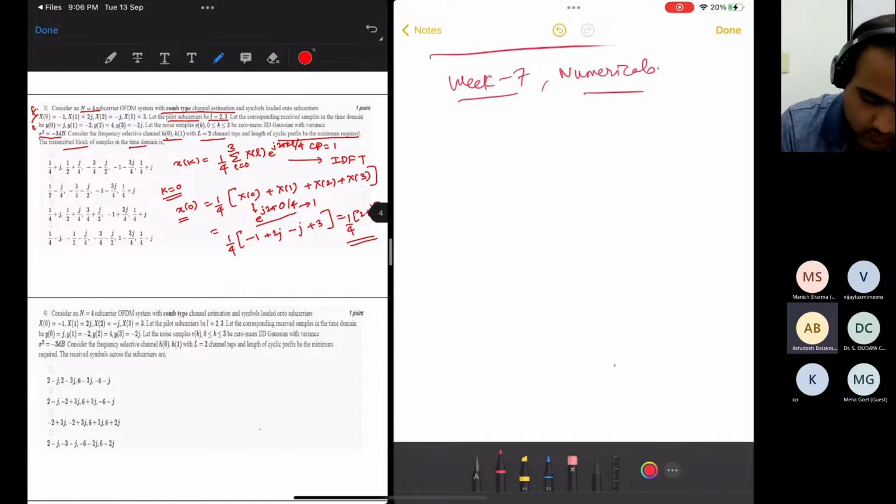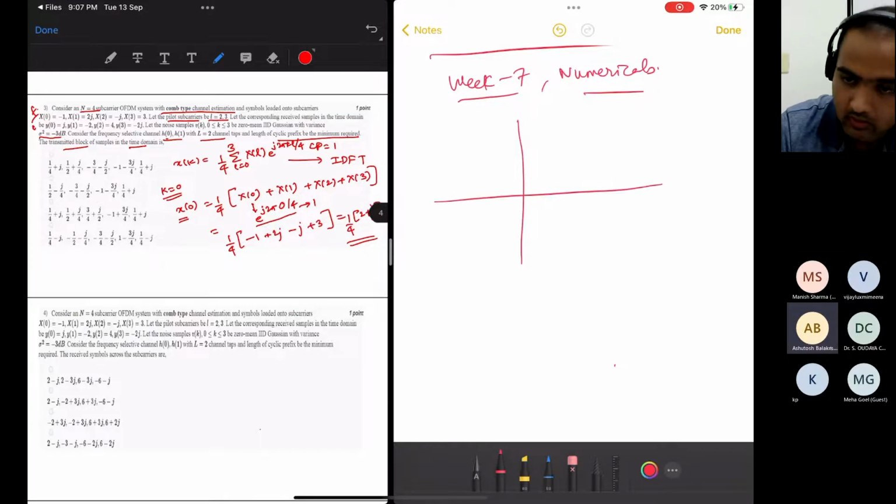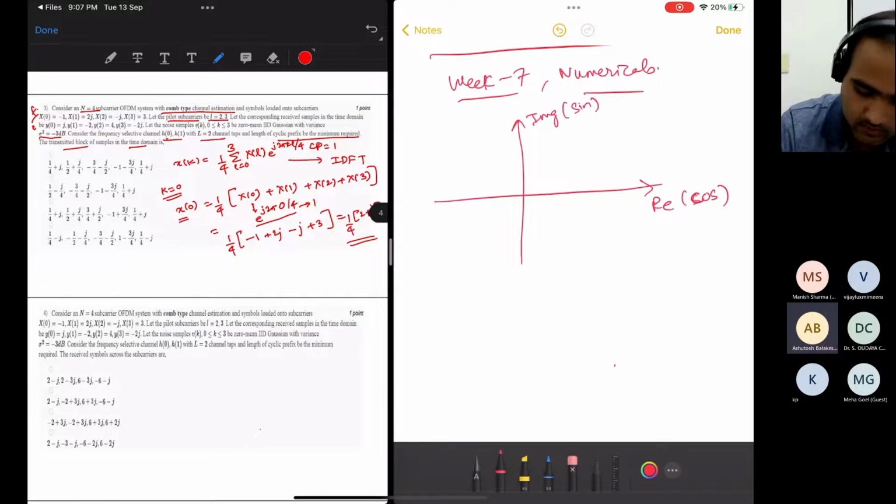Right. So another small concept. Just remember that when we have the coordinate system and while solving the numericals, this is my real axis, which is the cos axis, and the imaginary axis is my sine axis, right?